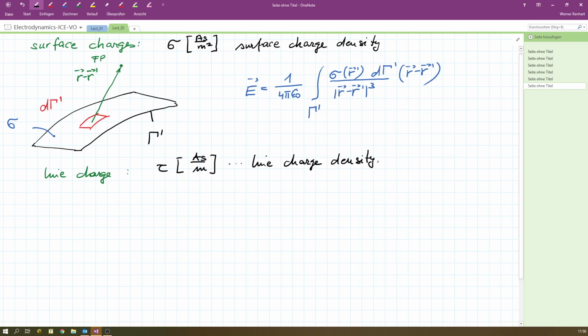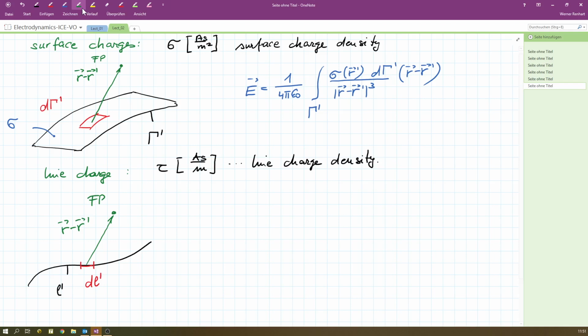It may be given in such a way: we have some line along this source domain, L prime, and along it there is some delta L prime, and for any field point we have some separation vector r minus r prime.